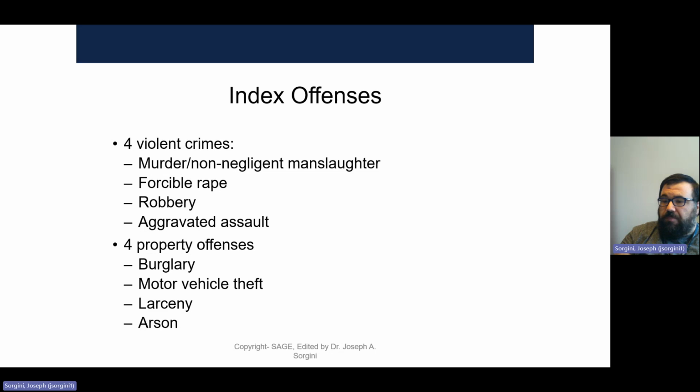Like, are we arresting people? Who's getting arrested? Who are the victims? How are they being victimized? That's been added recently to the UCR, or even another system of reporting, which is the NIBRS, the National Incident-Based Reporting System, where we are able to track this information. So you see it's broken down by violent crimes and also property offenses.